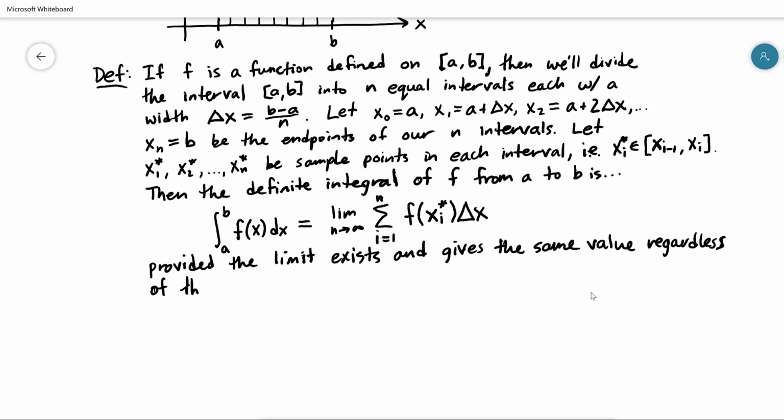So regardless where we pick that sampling point. And we'll talk about this again in just a minute in our picture. So if all of this is true, then we say that the function f is integrable.